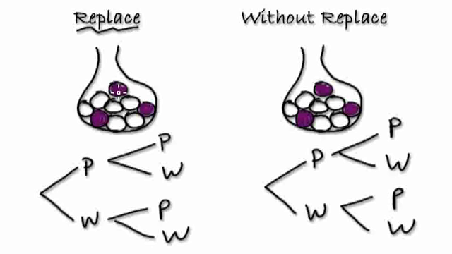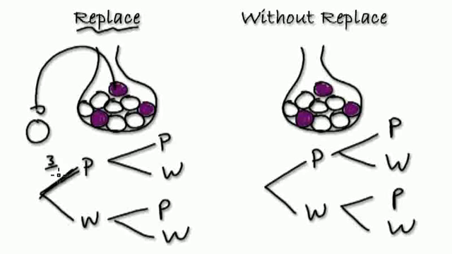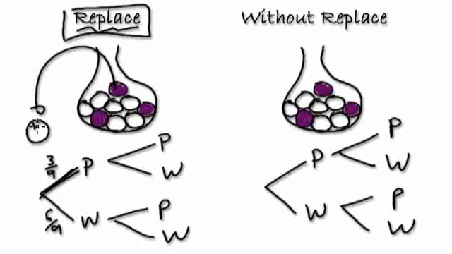Let's say we pick out one, and it's a purple one. So we've gone down this route here. Now the probability of us getting a purple would be 3 out of 9. The probability of us getting a white one would be 6 out of 9. Now with this scenario where we replace, you've just picked out a sweet, and now you would put it back and give it a shake.